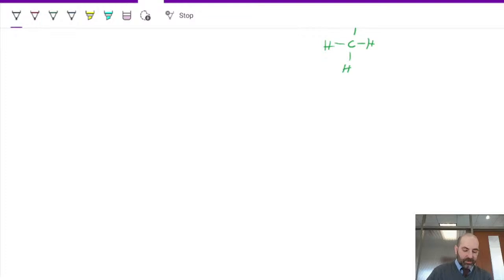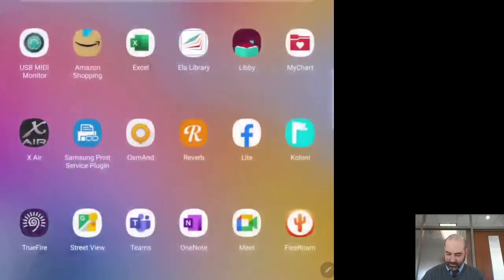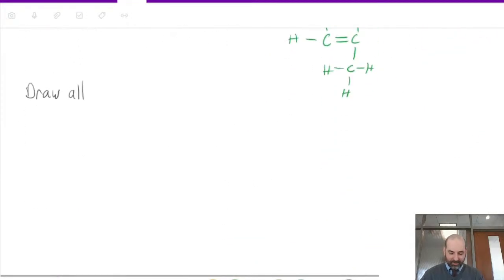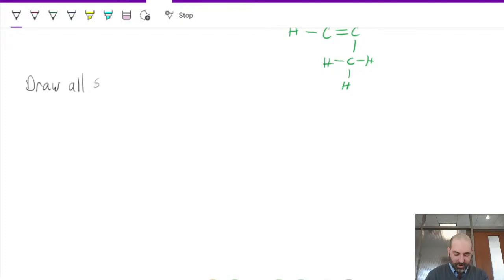So since class ended, I would give you a couple practice things to challenge yourself. So one would be draw all 5 isomers of C6H14.